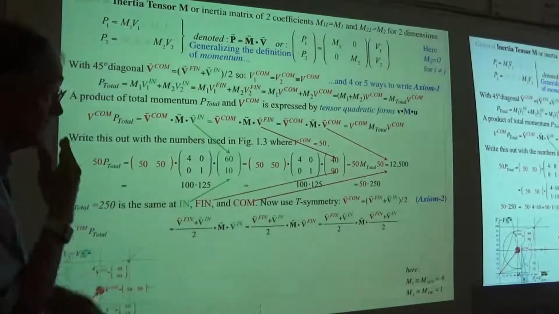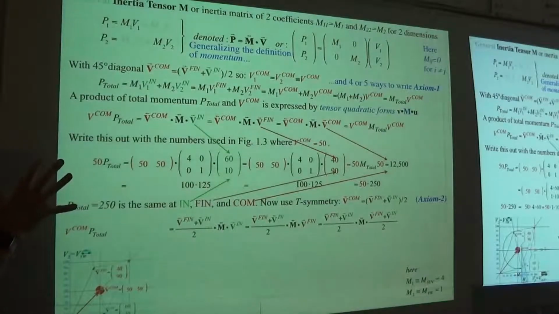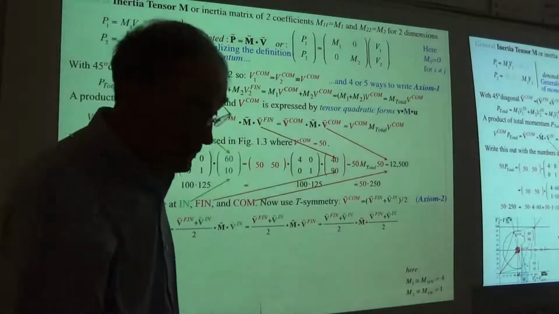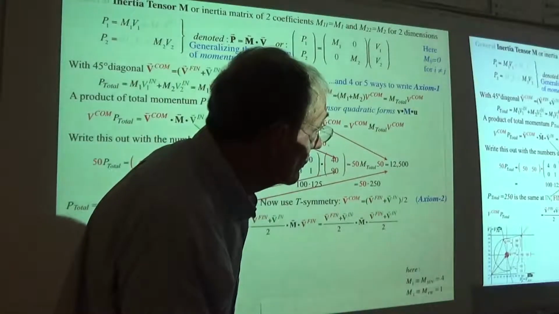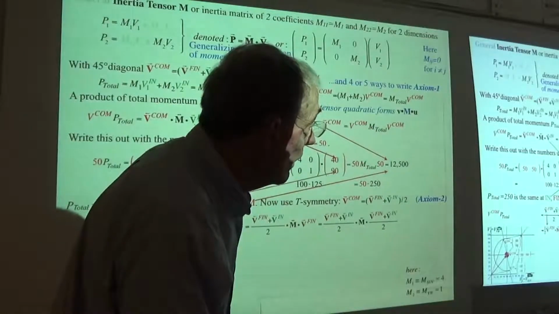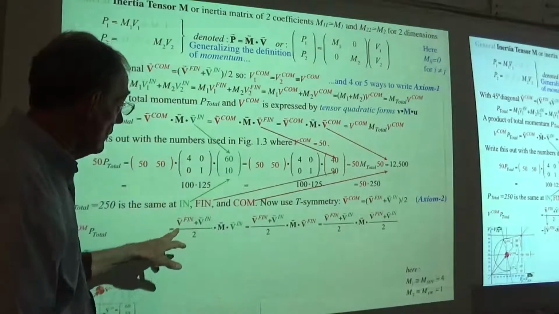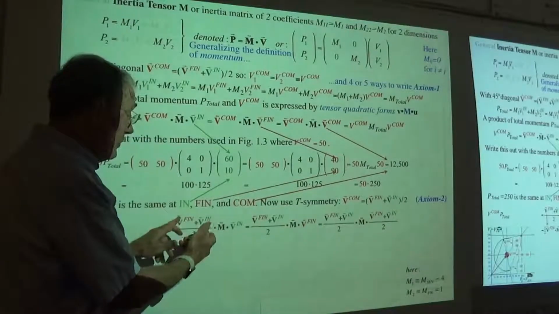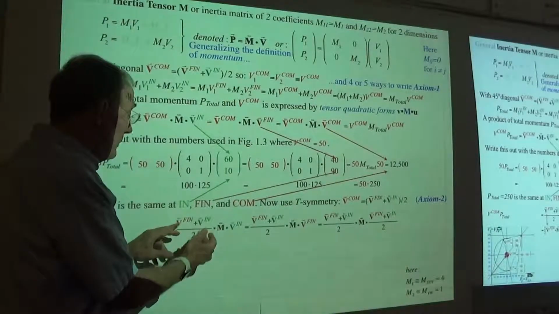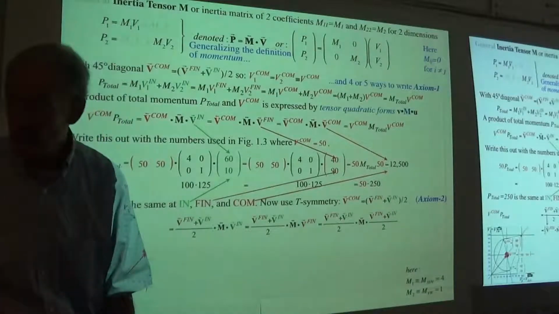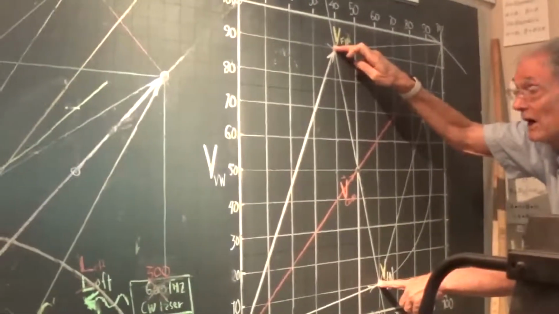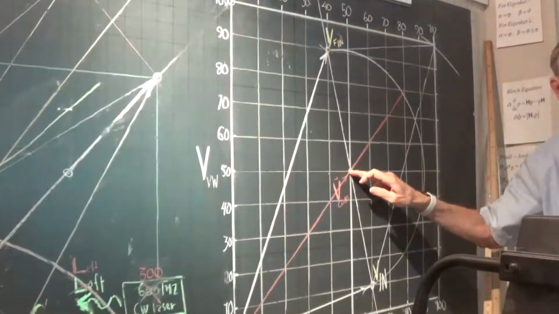But what I want to show you is where energy comes in. The energy is something you claim to be more familiar with. So let's get to that. If I separate this sum here, and remember, this particular sum, that is the V_fin vector, that's this guy here, plus this vector, divided by 2 is this guy, right?